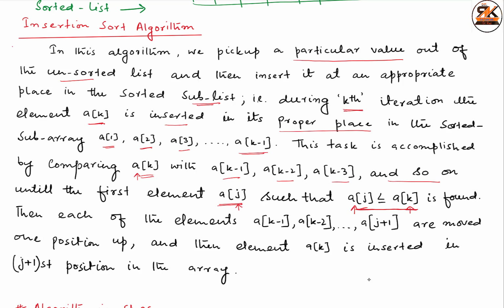Then each of the elements, that is ak minus 1, ak minus 2 up to aj plus 1, is moved one position up, so that we can insert the ak element at its proper place, and then ak is inserted in the position j plus 1 in the sorted subarray. So this tells all about the algorithm of insertion sort.